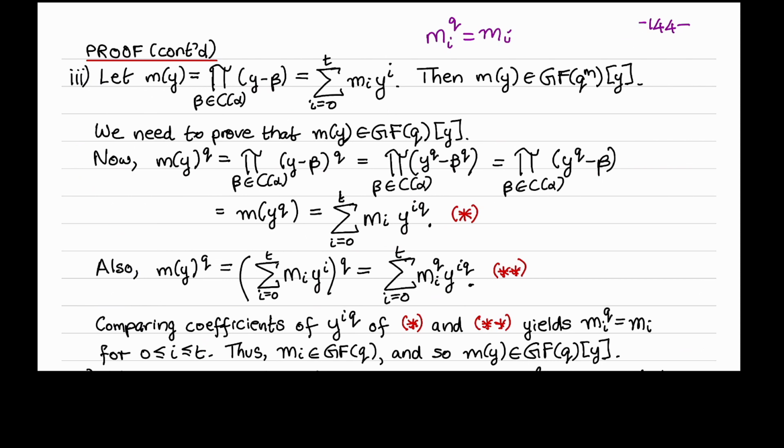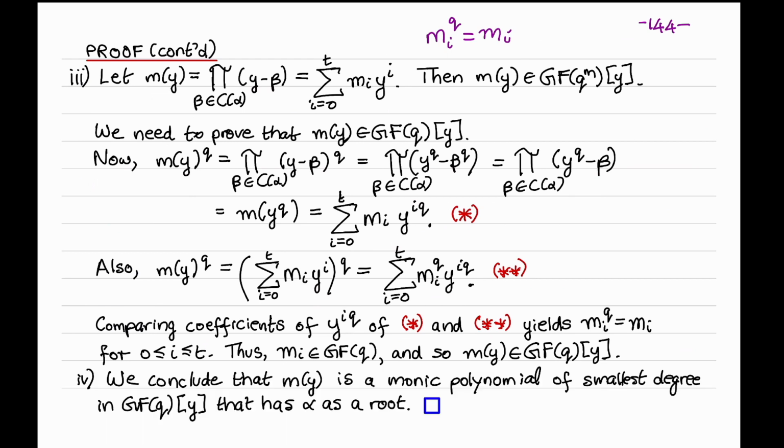Hence, by the theorem we proved earlier, m_i must belong to GF(q). So this proves that m has coefficients in GF(q) and not just in GF(q) to the m. We conclude that m is a monic polynomial of smallest degree over GF(q) that has alpha as a root. And hence m is the minimal polynomial of alpha over GF(q).